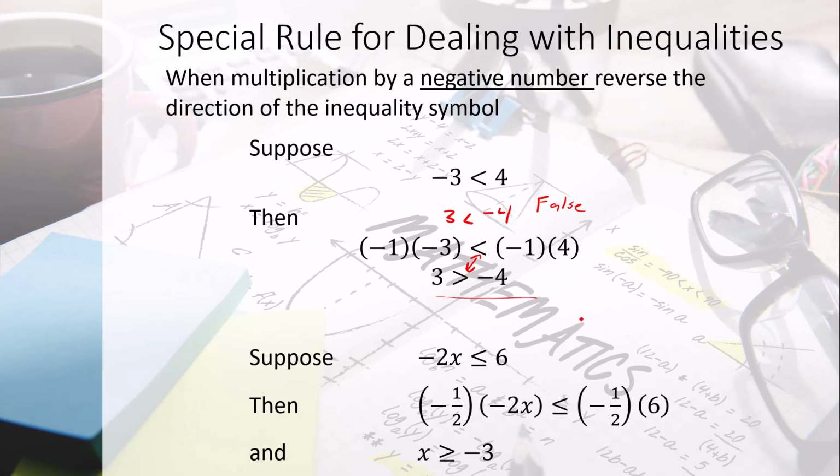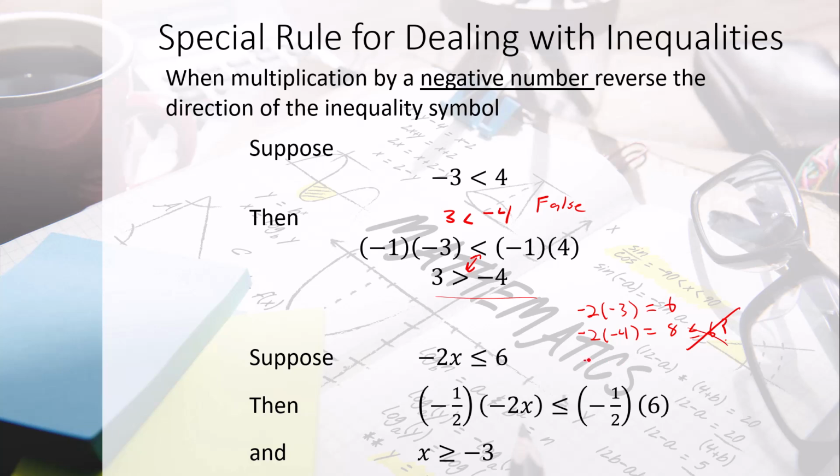If x was -3, then I would have -2 times -3, which is equal to 6, which satisfies the inequality. Now, if x was less than -3, say -4, -2 times -4 is equal to 8. Is that less than or equal to 6? No, it is not.